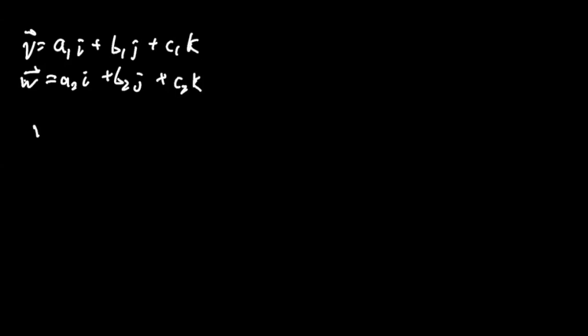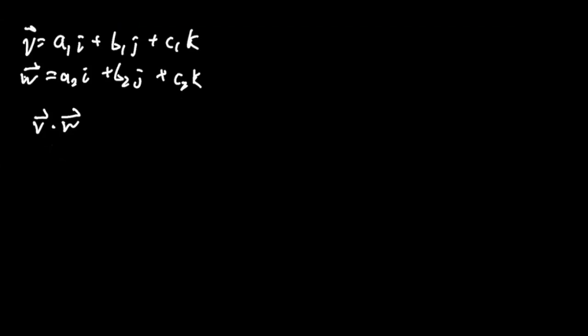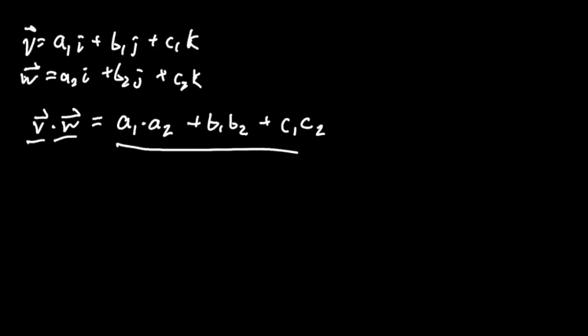The dot product between v and w, so one way we can find multiplication between these, is equal to, and here, similar to two-dimensional, we can just multiply the components separately. And again, we end up with a scalar in this case. So we don't have the i, the j, the k. We're just multiplying the number values of the components. So two vectors multiplied together give us this value as a scalar.